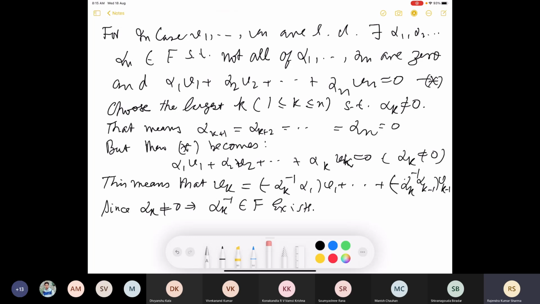And since alpha k is not 0, it is invertible, and you can write vk as a linear combination of v1, v2, vk minus 1, say beta 1 v1 plus beta 2 v2 plus beta k minus 1 vk minus 1, where each beta i is minus alpha k inverse alpha i.